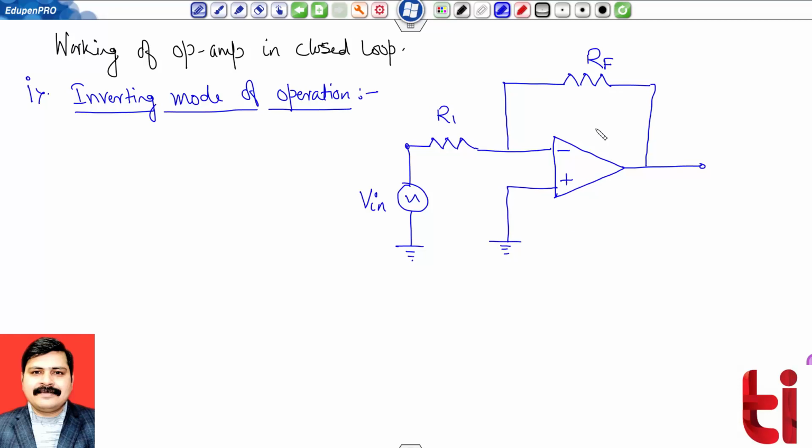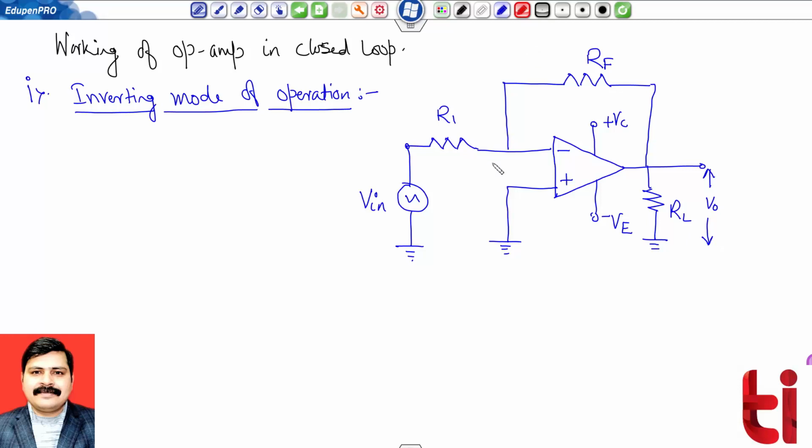This is my plus VC supply, this is my minus VE supply. We require some load resistance also, across which we will measure my output voltage V0. So this is the configuration.